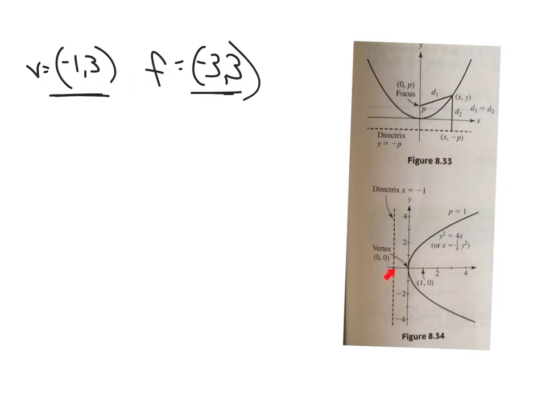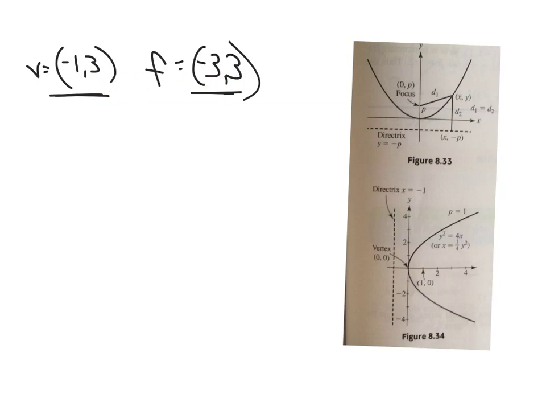Because if my vertex is at -1, 3, and my focus is at -3, 3, that means I came up 3 to get to the vertex, I came up 3 to get to the focus. And both the focus and the vertex will always be on the axis.